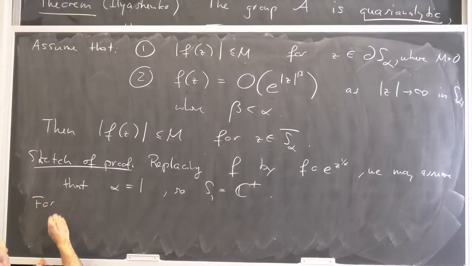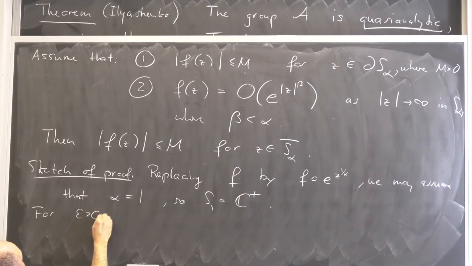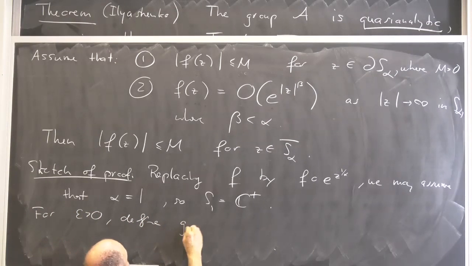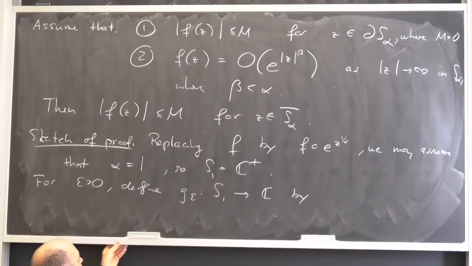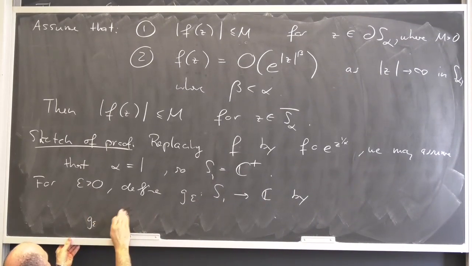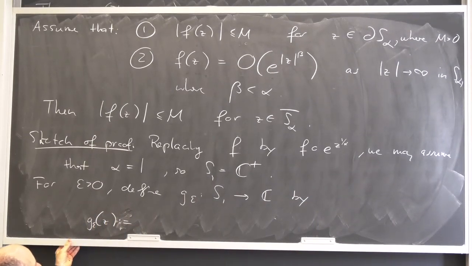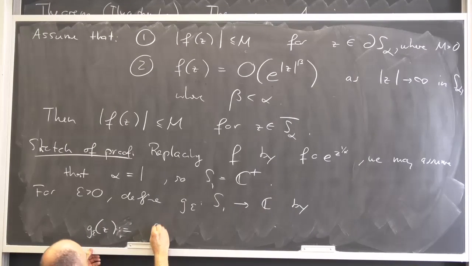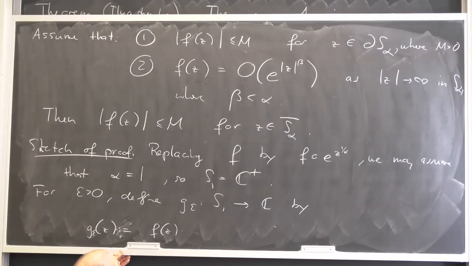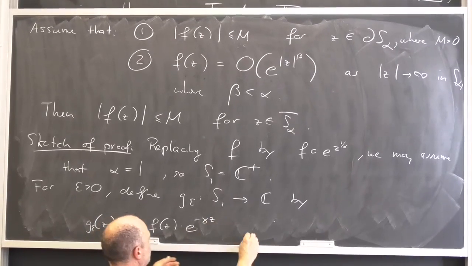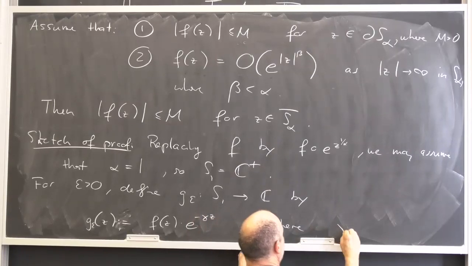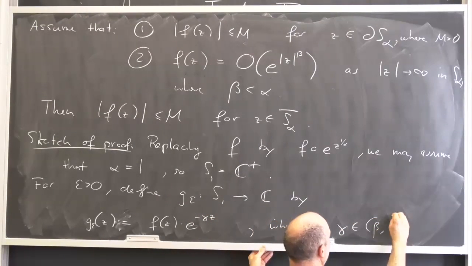So now what I'm going to do is look at a family of functions. For epsilon greater than 0, define g epsilon on S1 by multiplying f by e to the minus epsilon z to the gamma, where gamma is between beta and 1.